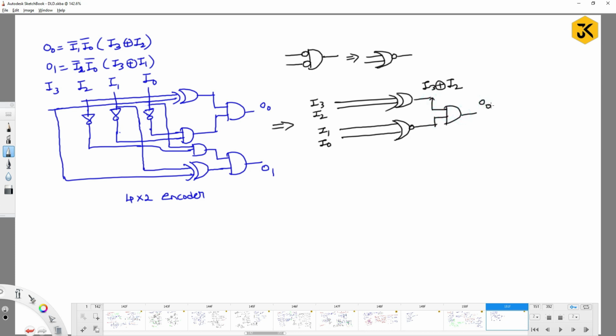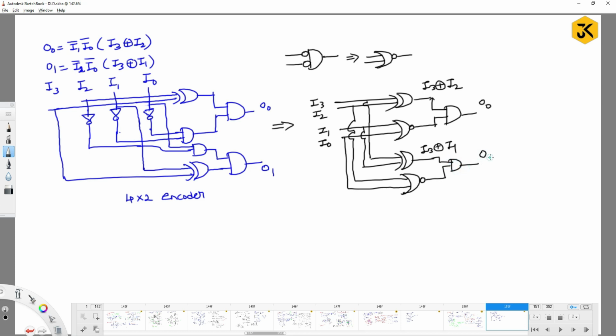This is what I can call O0. Similarly, for I3 XOR with I1, if I take I3 and perform the XOR operation, you get I3 XOR with I1. Similarly, I2 bar multiplied with I0 bar. In place of this entire thing, I can replace it with a NOR gate.